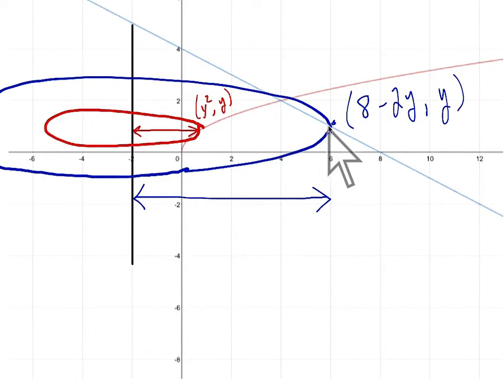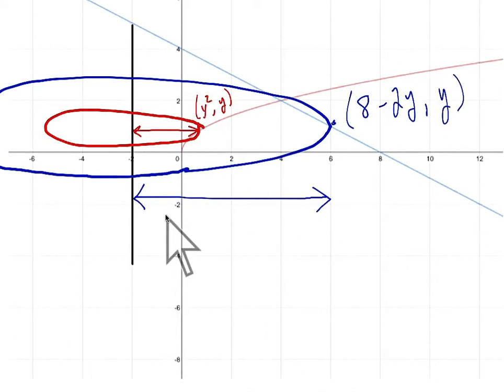Our washers then, the outside radius of the washer is defined by the blue function, and the inside radius of the washer is defined by the red function. I've gone and rewritten the coordinates of a point on the blue function in terms of y. So the x coordinate is 8 minus 2y. We did that before. And then in the red function, the x coordinate is y squared.